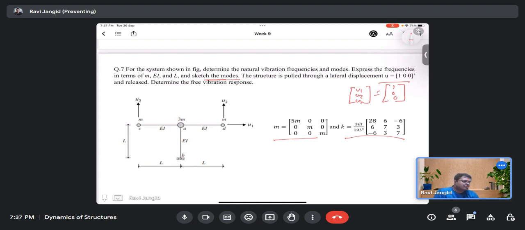Like, you have the mass matrix, you have the stiffness matrix. I don't think it will take time.